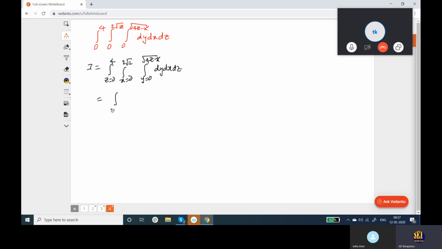Now integral z is equal to 0 to 4, integral x is equal to 0 to 2 root 2. Here y of 0 to square root of 4z minus x square into dx dz.